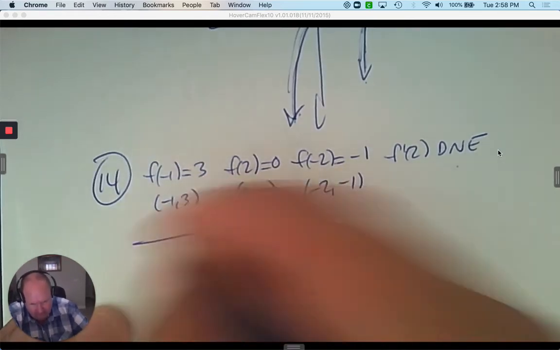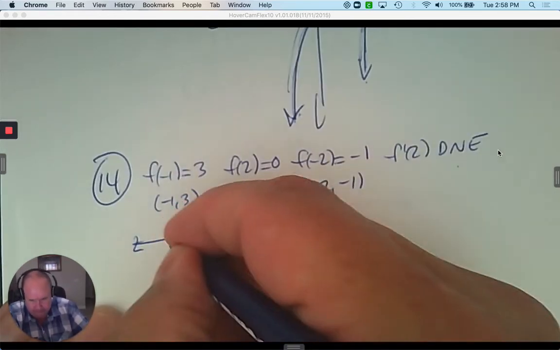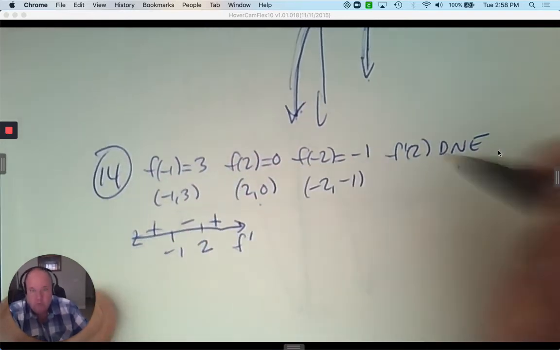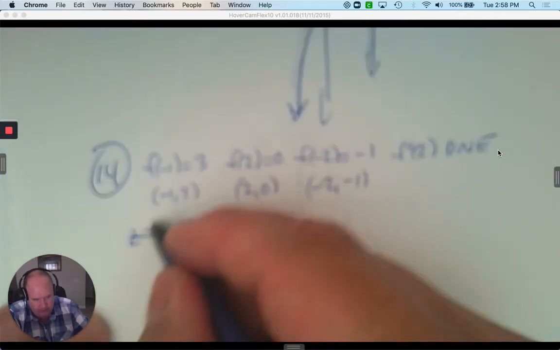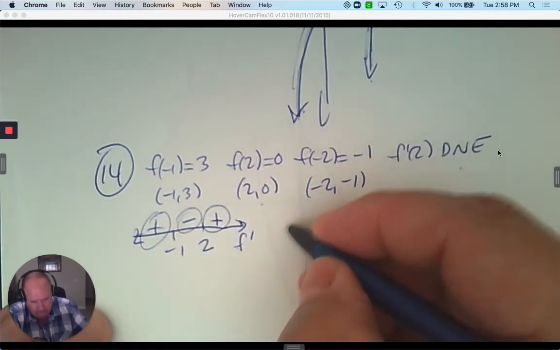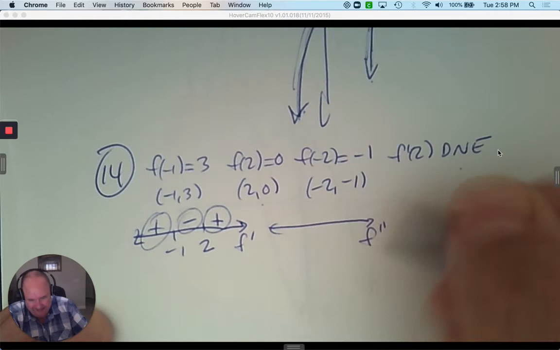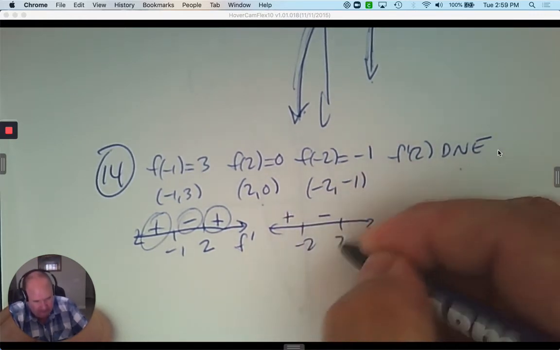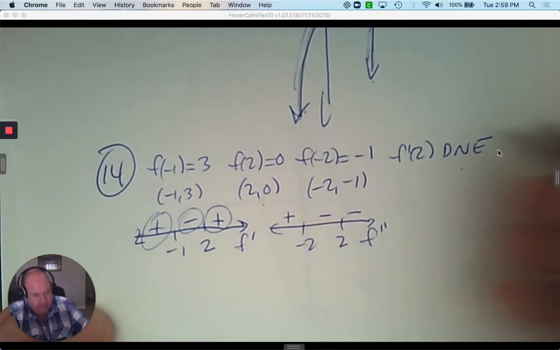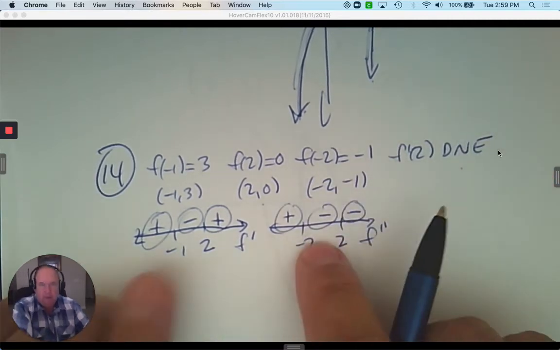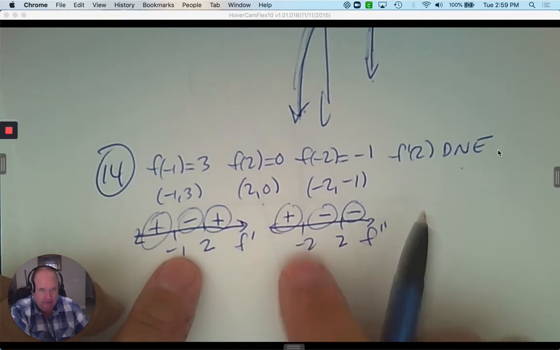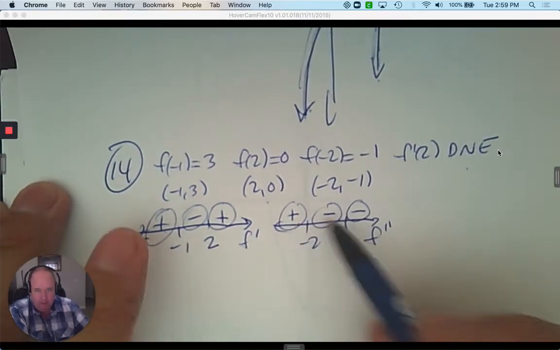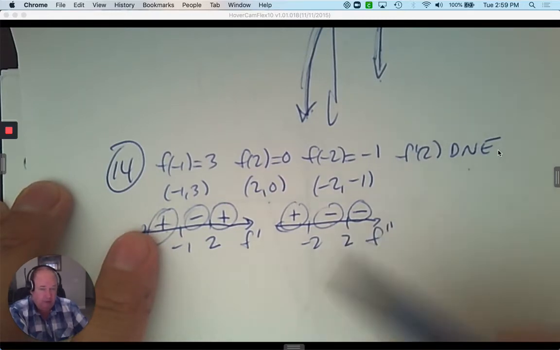We have a number line for the first derivative. So it increases, decreases, increases. The second derivative, concavity: it is concave up, concave down, and then concave down. As we do this, we're going to look at both at the same time and understand how to draw something. If it's increasing concave up or increasing concave down, we need to know how to draw both.